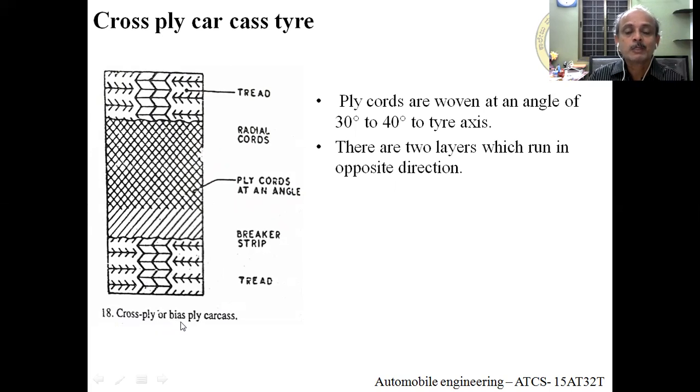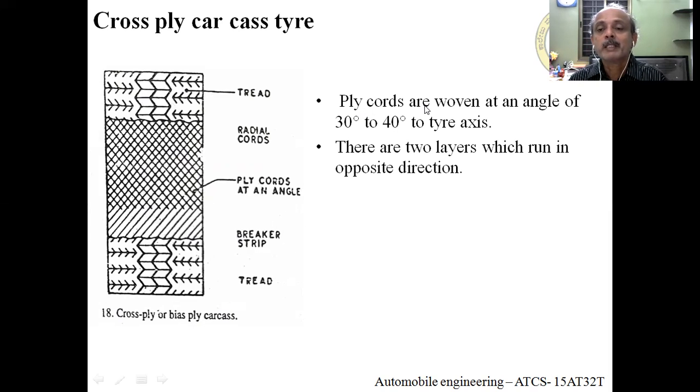It is also known as the bias ply carcass. This part is called the tread, and these are the ply cords at different angles, the breaker strips, and then the tread again.